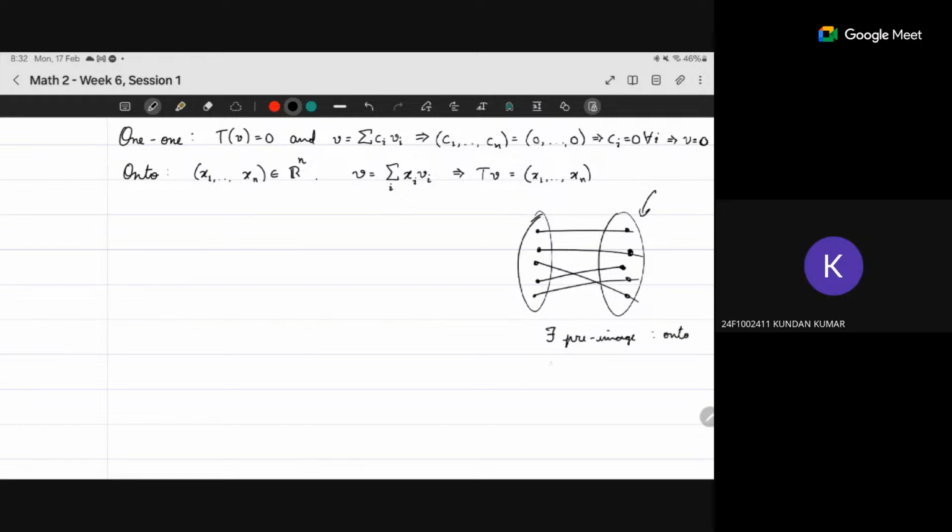For every element in codomain, there exists a unique pre-image. This is 1-1. So this exclamation mark is unique. So unique pre-image. Let me just call it this. So in other words, onto is there is at least one pre-image. 1-1 says that there is at most one pre-image.